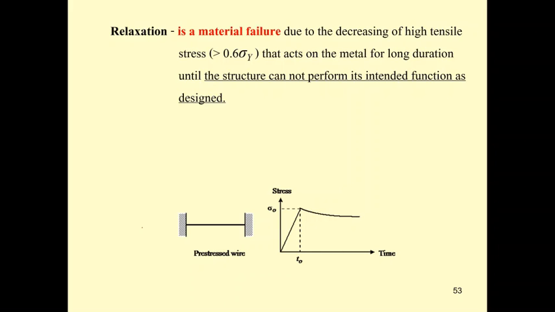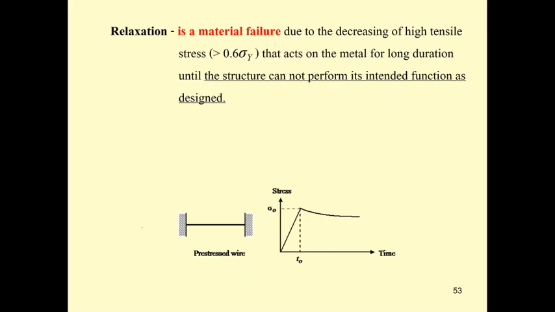Next, relaxation. Relaxation is a material failure that occurs in steel, especially high strength steel, the pre-stressed steel. When you put stress into the steel larger than 0.5 sigma sub y, the strain of the steel will relax itself.